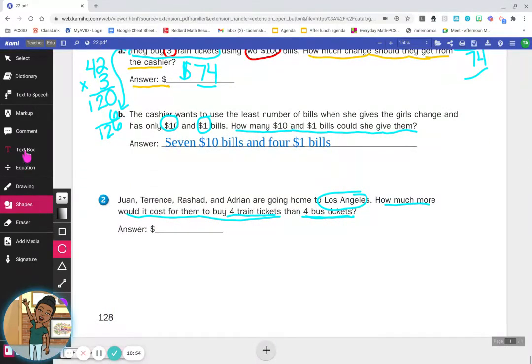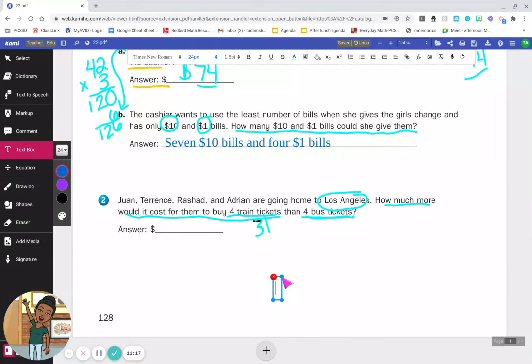So by train is $31 for 1 ticket. You can use partial products multiplication to determine the product of 31 times 4.